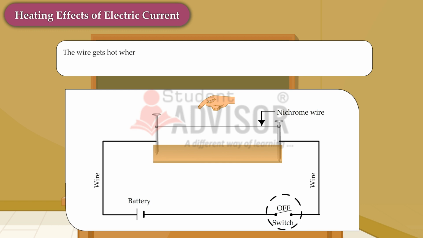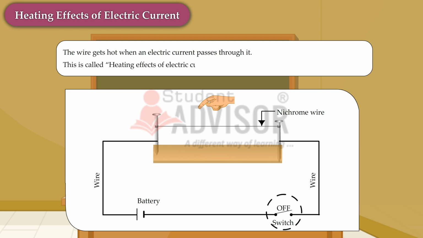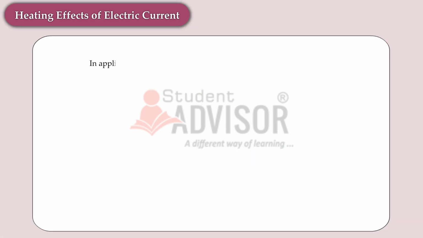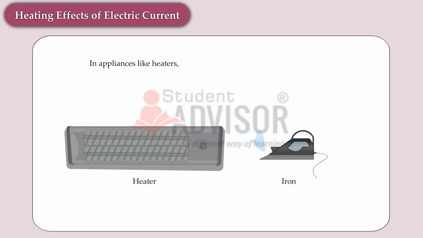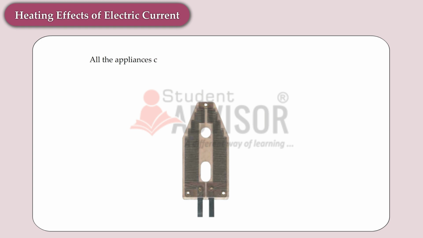The wire gets hot when an electric current passes through it. This is called heating effects of electric current. In appliances like heaters, iron, etc., heating effects of electric current is used. All the appliances contain a coil of wire known as element.